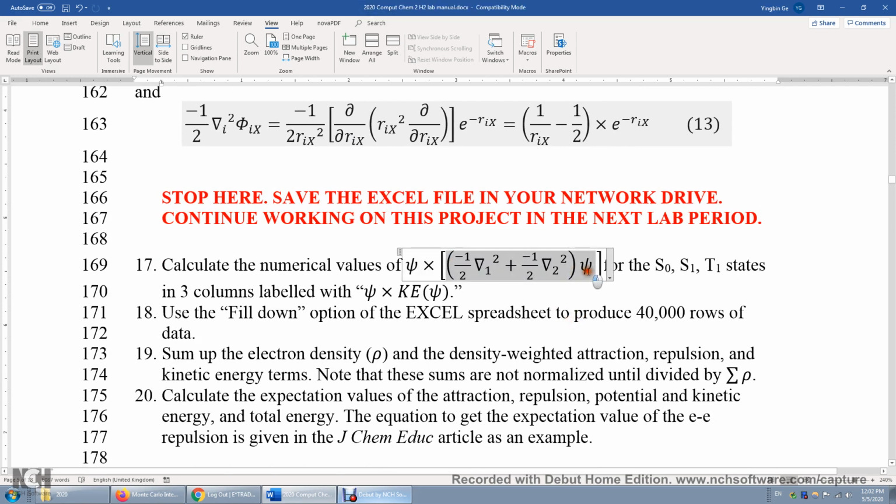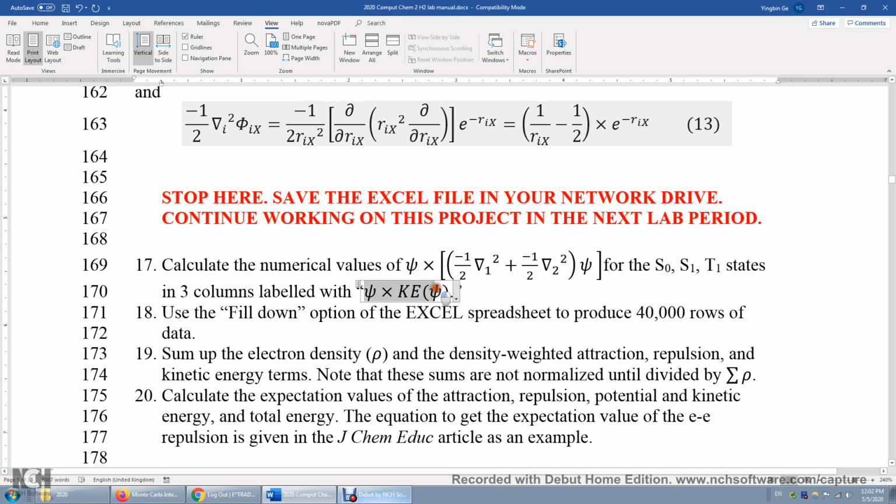And after you get this, you still need to do one more step. You need to multiply this by psi. Actually, it's supposed to be the complex conjugate of psi if you are using quantum mechanical postulate 4. But for simplicity, we're using real functions here, so psi star is psi. The complex conjugate of a real function is itself.